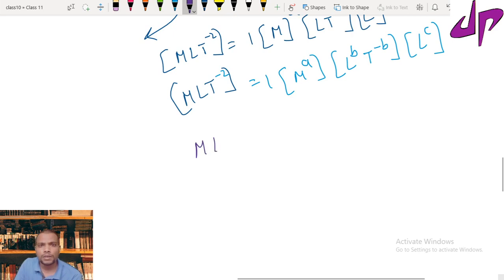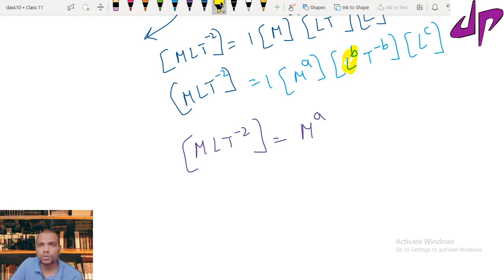Now M L T power minus 2 is equal to, on the left side, M power a, and here we have two length terms, so we can combine them: L power b plus c, and third, T power minus b.